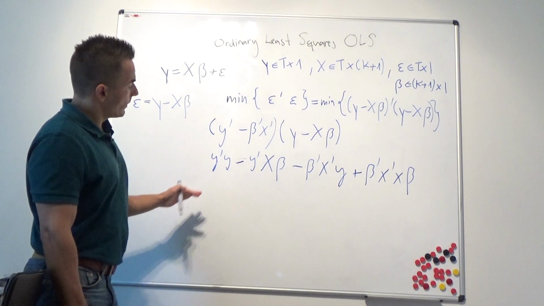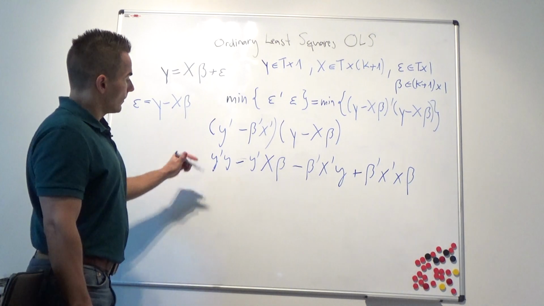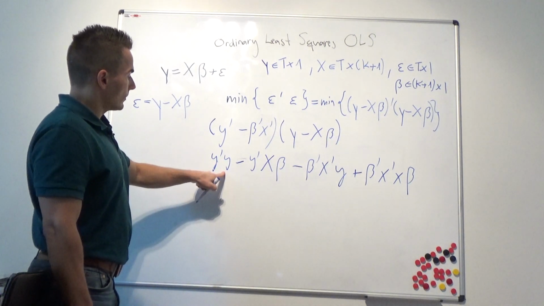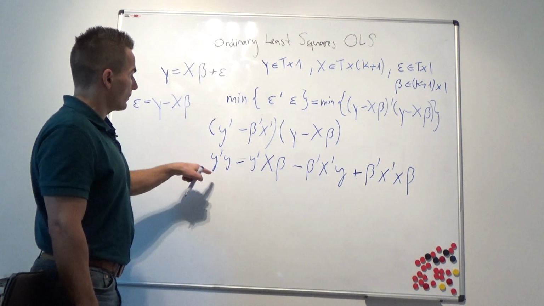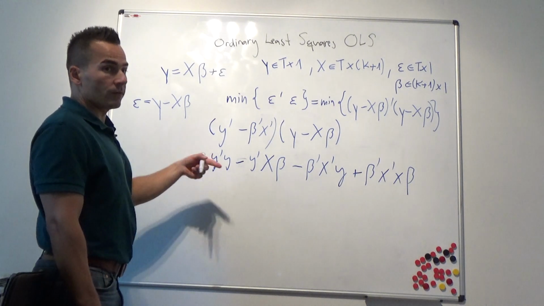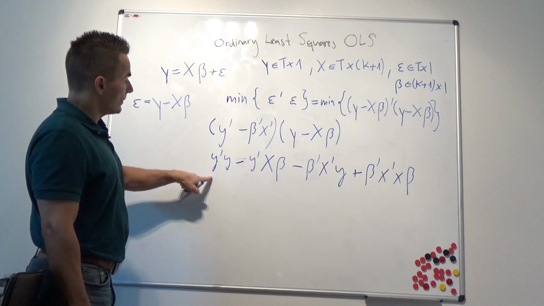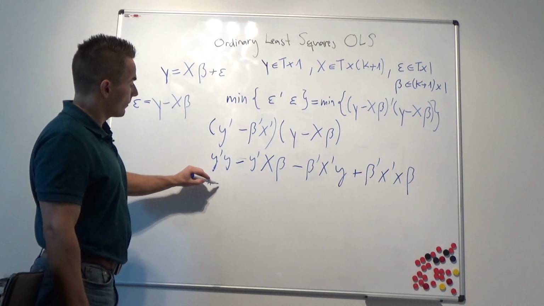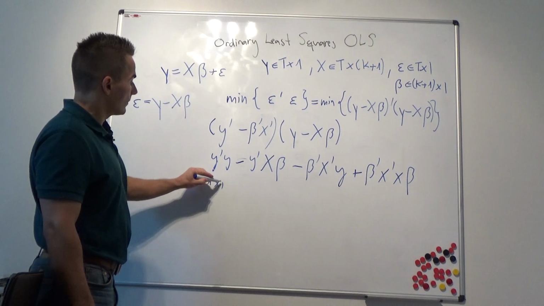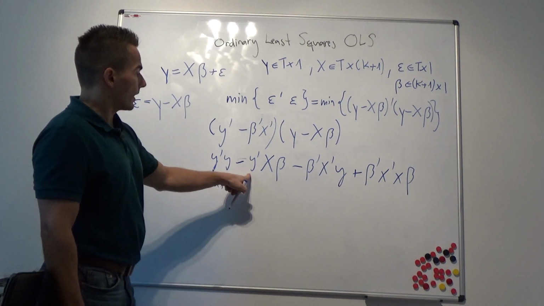What we see now already here, this first guy, y is a T by 1 vector, y transposed, if we transpose a T by 1 vector, it becomes 1 by T. So what we have here is 1 by T times T by 1, this is 1 by 1, that's a scalar.